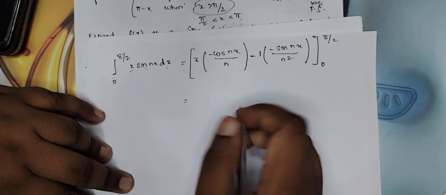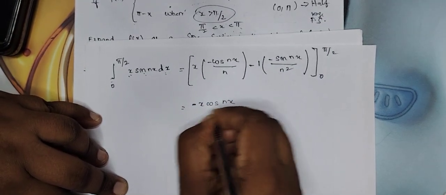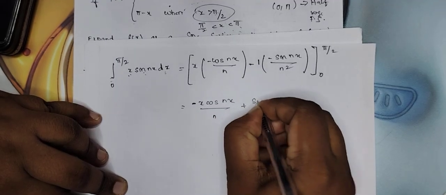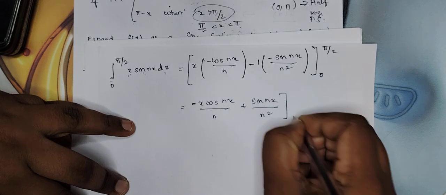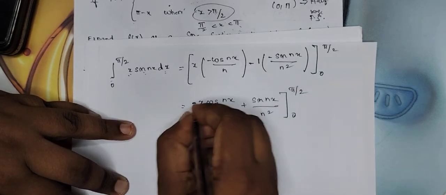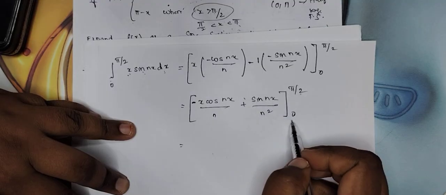Okay, so this is equal to, now multiply the terms here. This is minus x cos nx by n plus sin nx by n square, with the limits 0 to pi by 2. Now I'm going to write the upper limit and then substitute the lower limit.